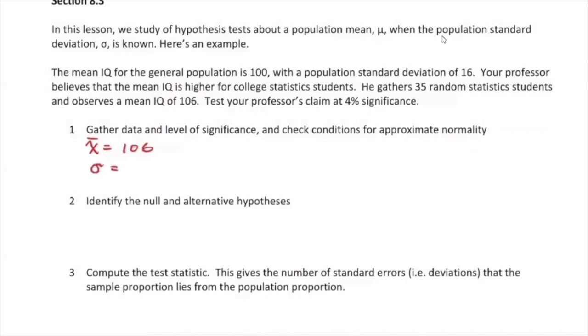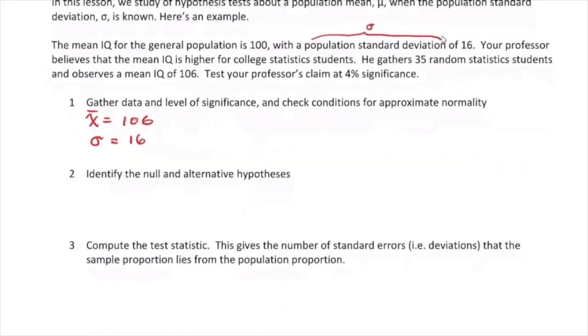Well, for IQ scores, I think they scale them so the standard deviation is known. It's a long story, but standard deviation is 16, and that's a population standard deviation, sigma. Remember, if you don't know sigma, it becomes a t distribution. The sample size was 35 students.